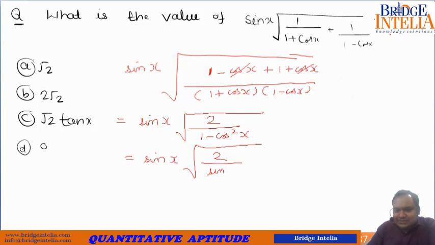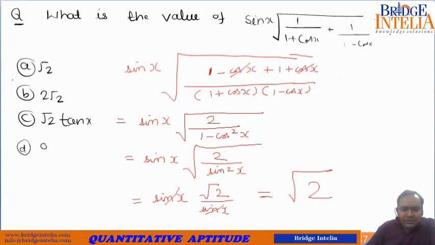Sin square x. So now if you take both these terms out of the square root, this would become root 2 and this would become sin x. Now this sin x and this sin x cancel each other out and you are simply left with root 2. So root 2 is the correct answer for this one.